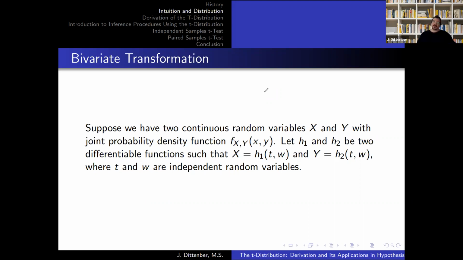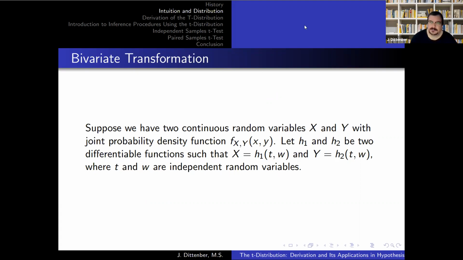Those two random variables will be independent, and because they're independent, we can write down their joint probability density function as the product of their individual, or marginal, density functions. And then from that, we'll be able to use this transformation to obtain a probability density function in terms of t, which is what we want to do.